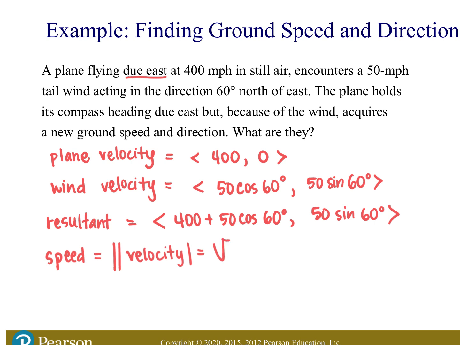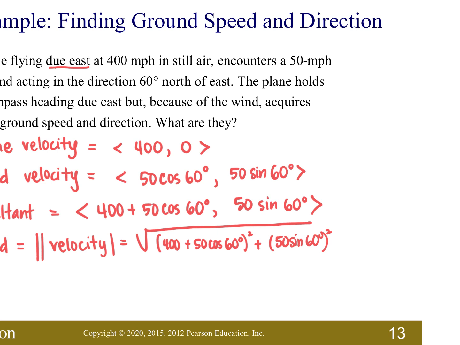And so this would be the square root of (400 plus 50 cos 60 degrees) squared, plus (50 sine 60 degrees) squared. And then you just evaluate that with your calculator, which results in 427.2 miles per hour.